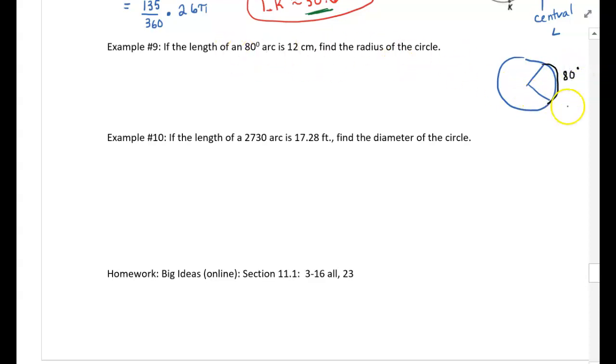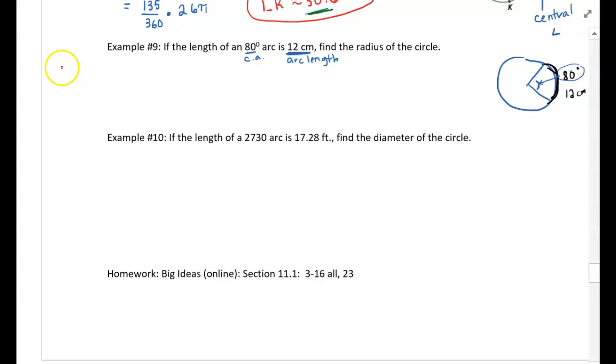It also tells us the length of this arc is 12 centimeters. So this is my arc length, and this is my arc measure, but remember, this is the same thing as our central angle.